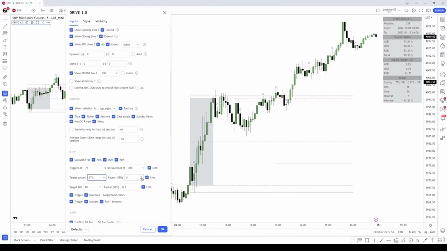For example, with the standard deviation null, over the last 219 sessions we have 26 winners, 34 losers, 7 neutral trades, and a win rate of 43.33. So it's literally your backtesting tool for every scenario you want to work.